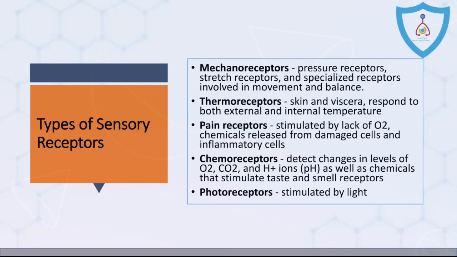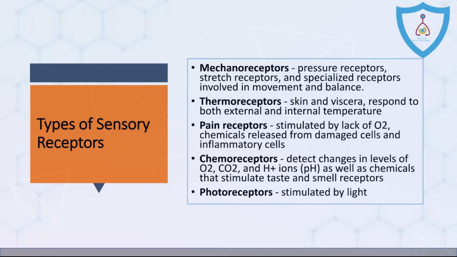Then we have chemoreceptors, which can detect the chemical environment in the body or even outside the body. They respond to oxygen concentration and carbon dioxide concentration, which you did in the respiratory system. They can also detect the pH of the blood and make the body respond accordingly.